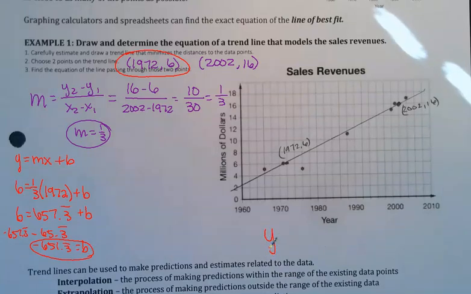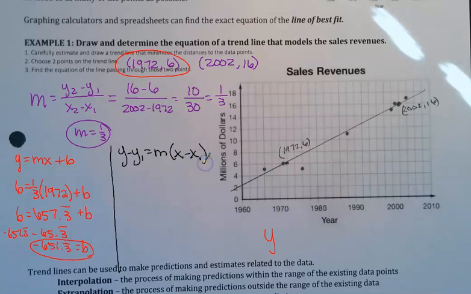That's not y slope-intercept form. That is the other way you could have solved it. That's point-slope form. You could have done y minus y1 equals m times x minus x1. You could have done it this way as well to solve and get your equation. Then you would have had y minus 6 equals 1/3 times x minus 1972.